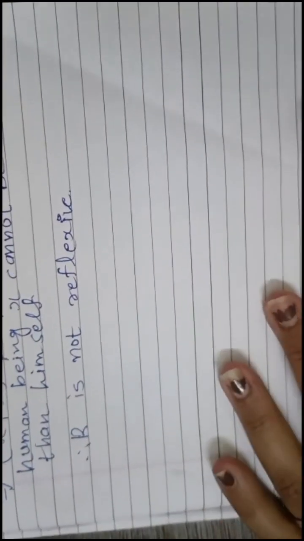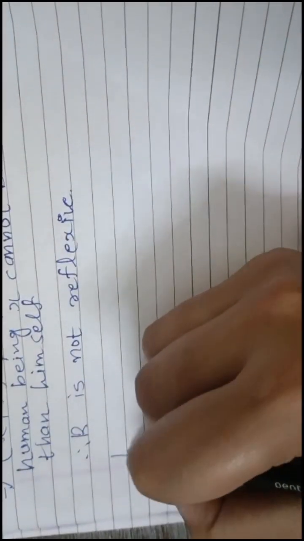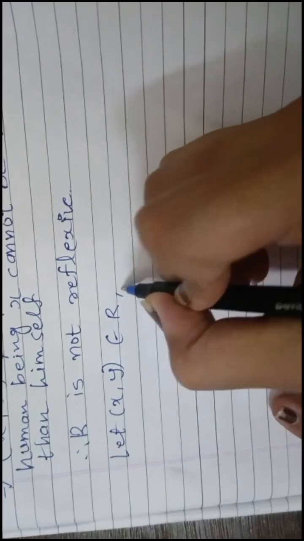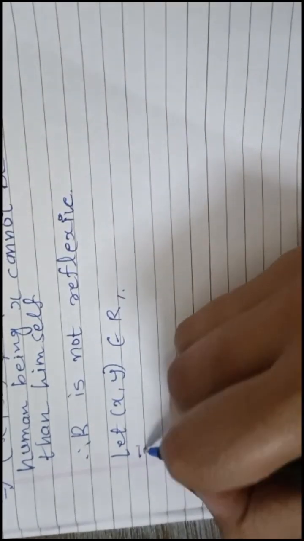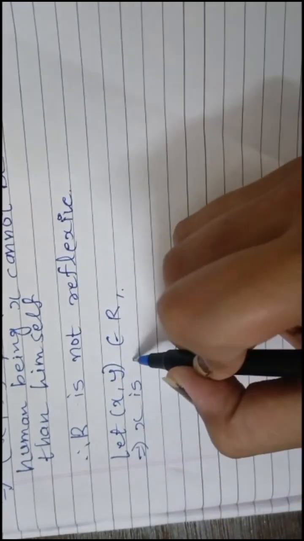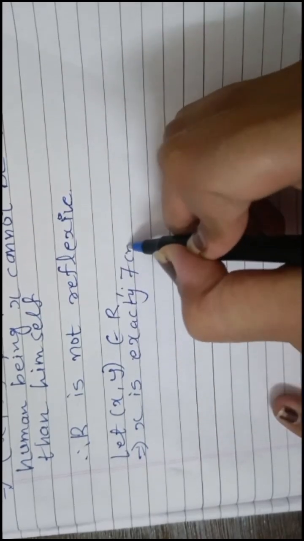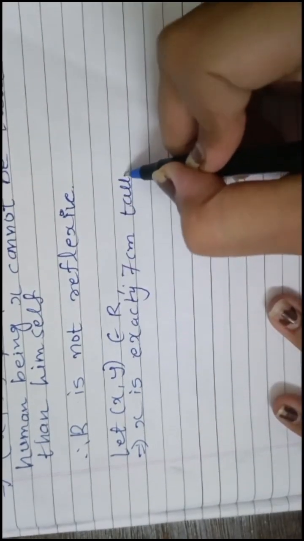Next, we will check for symmetricness. Let (x, y) belong to R. It implies that x is exactly 7 centimeter taller than y.